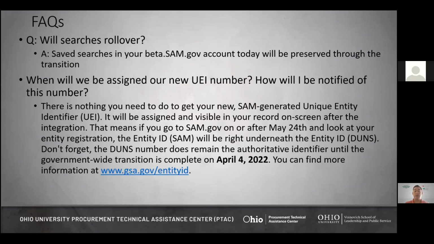And they'll come out with more guidance on that. They're supposed to start in Q1 of 2022 to be able to go into sam.gov and get a unique identifier without going through the full SAM registration. Again, I know it sounds like a broken record, but if you have any questions about that, contact your local PTAC and we should be able to get you to where you need to go.